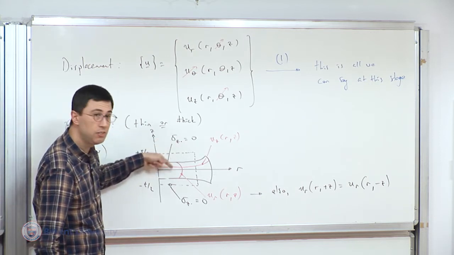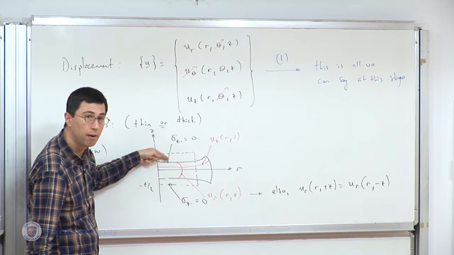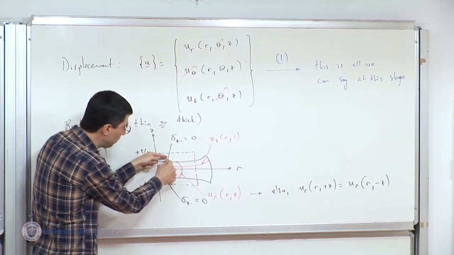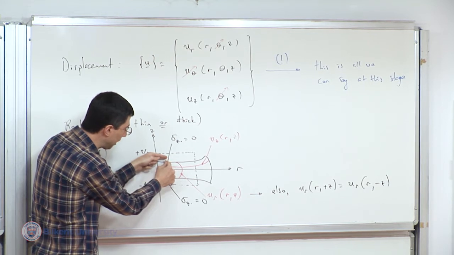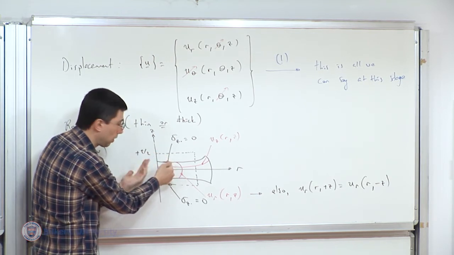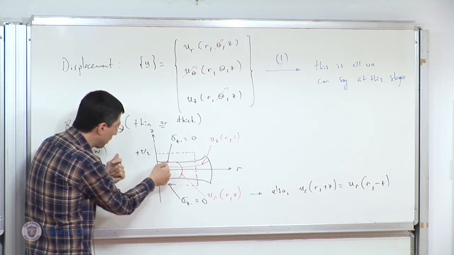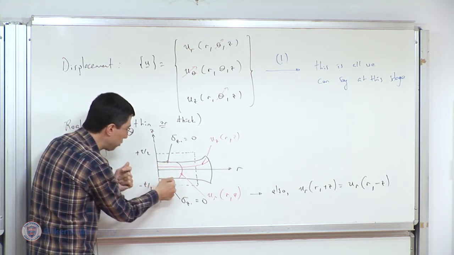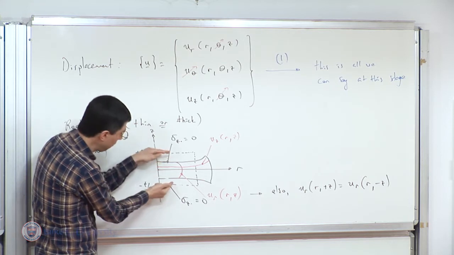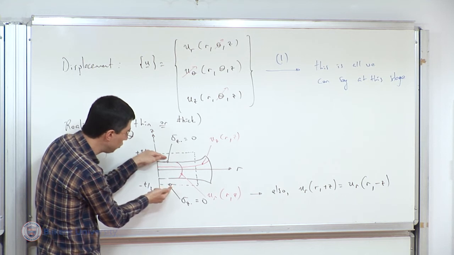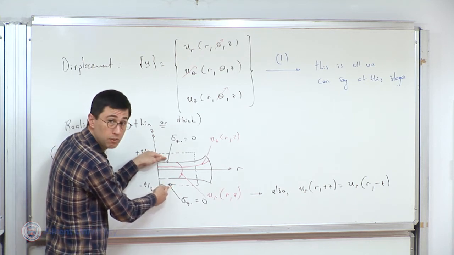Now, sigma zz, for instance, is 0 at the top. And if the disk is very thick, it has a significant distance over which it can increase. Perhaps it becomes compression. So it can increase, and then it can decrease back to 0. But if it is very, very thin, the distance is so small that it has to be 0 at the top, and it has to be 0 at the bottom.